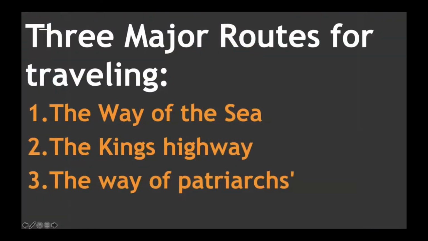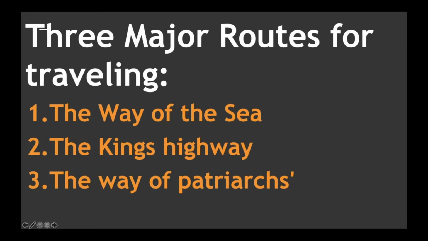Now, there are three major routes for traveling in ancient times. The first one is called the Via Maris, the way of the sea. The other one is called the King's Highway, and the third one, the Way of the Patriarchs. These routes were common at the time of Abraham, and we will see that Abraham used these three routes.